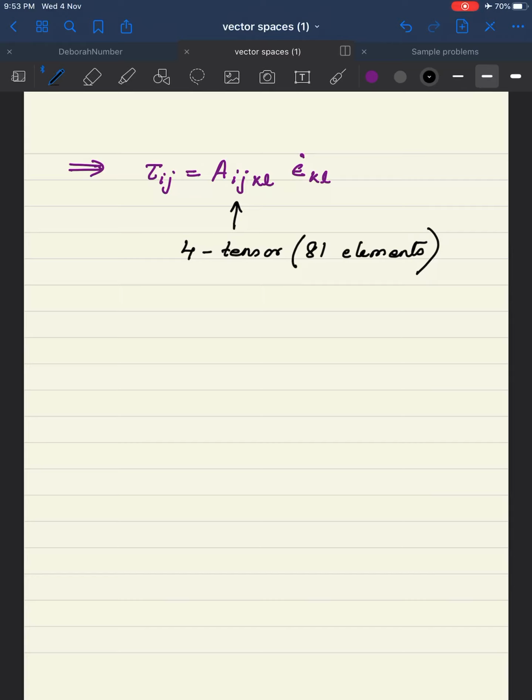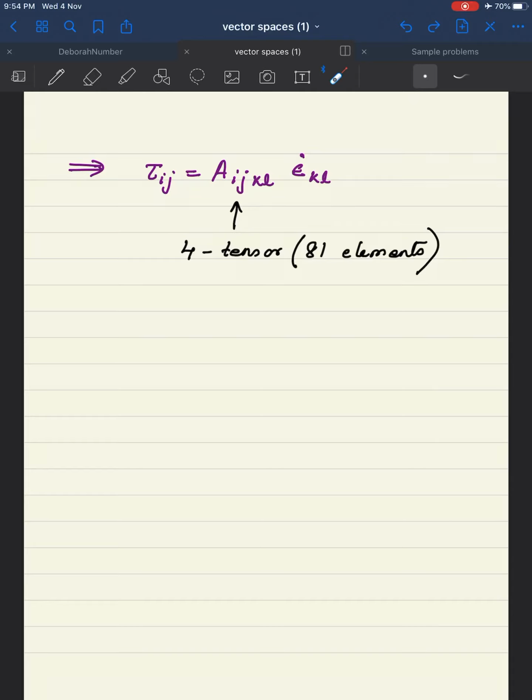And most likely you will encounter 4 tensors there, and they play a very important role in mechanics. So now my tau ij depends upon aijkl into epsilon kl, and this aijkl depends basically on the local state of the fluid.